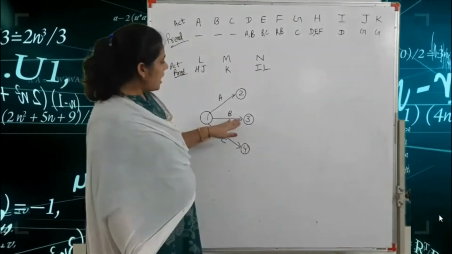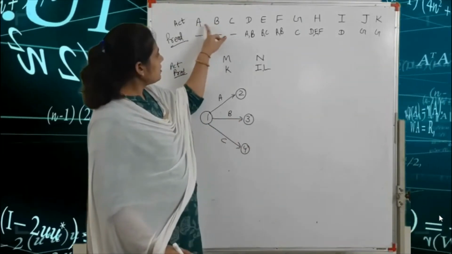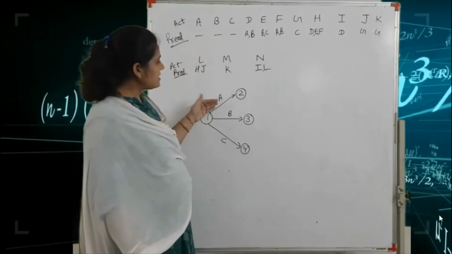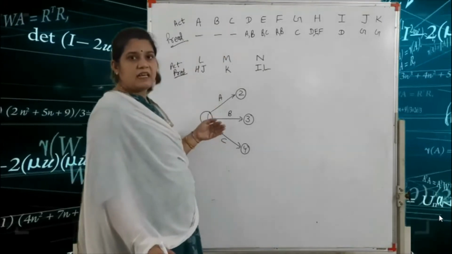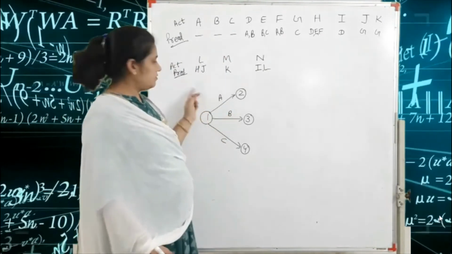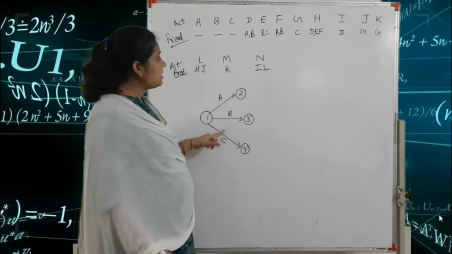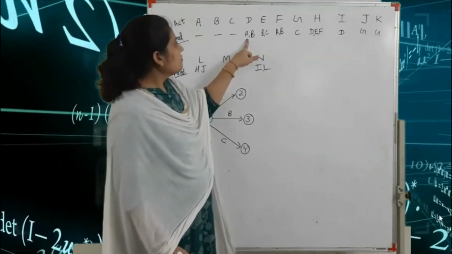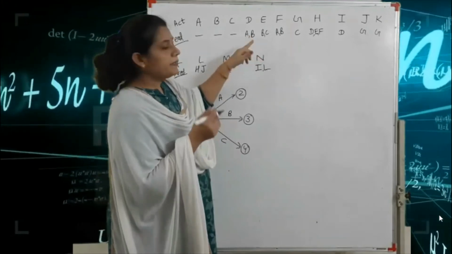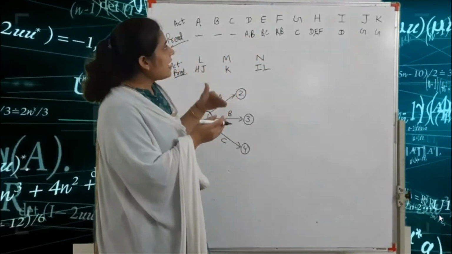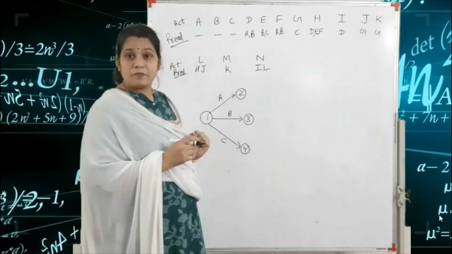After drawing the ABC diagram, the sequence can be BCA or BAC, but we have already written ABC. After that, we check that when A and B activities are completed, the D activity starts.